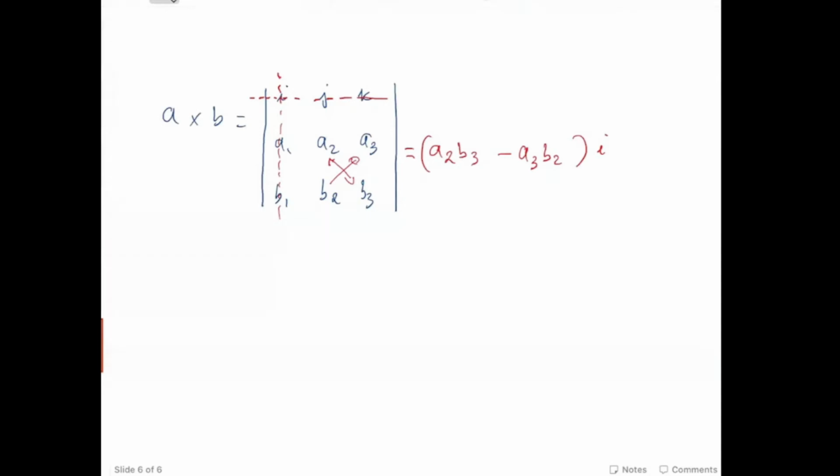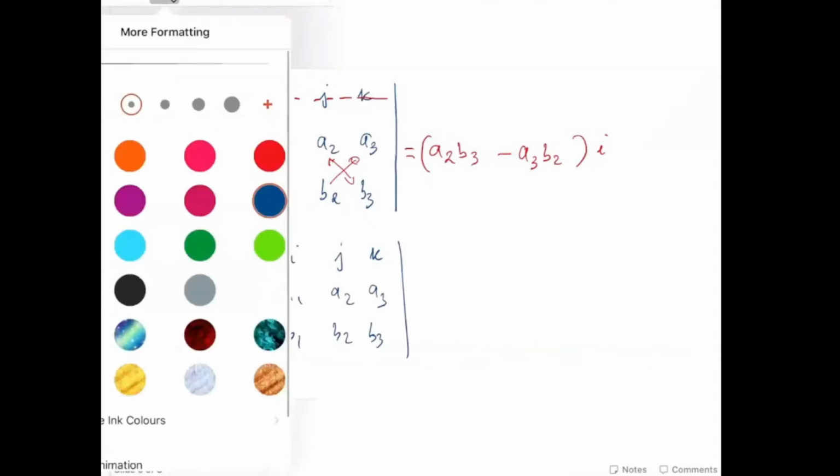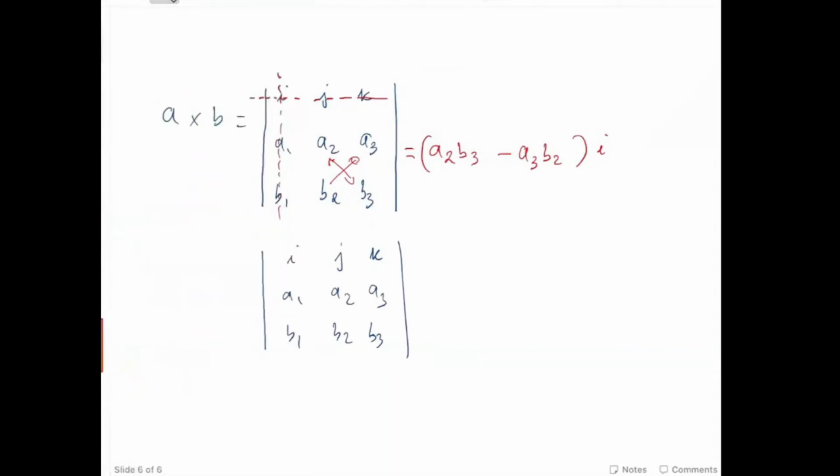In the same way, if you want to look at the component of J, what you get is J, K, A1, A2, and then we hide the line of J, and then you do the multiplication between the remaining elements.